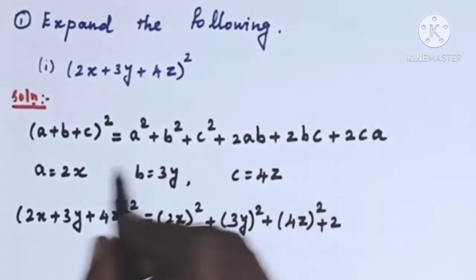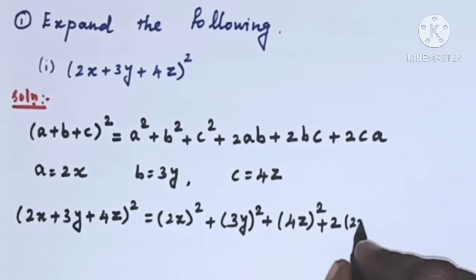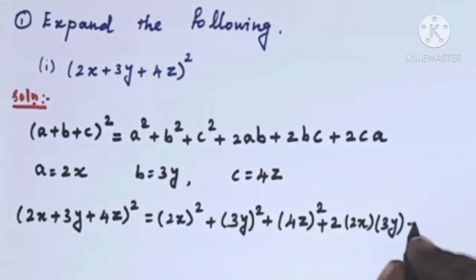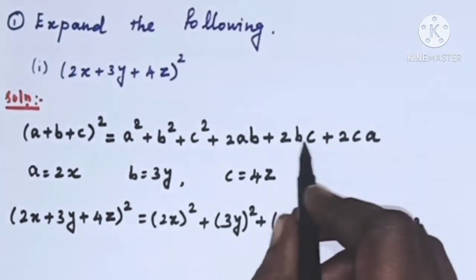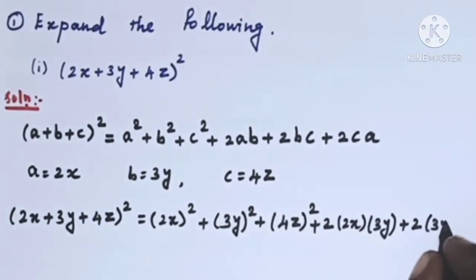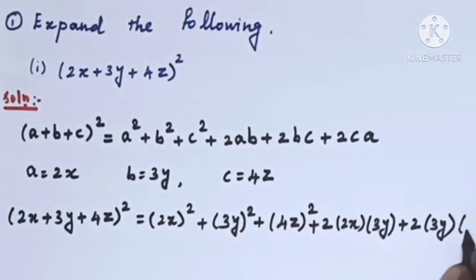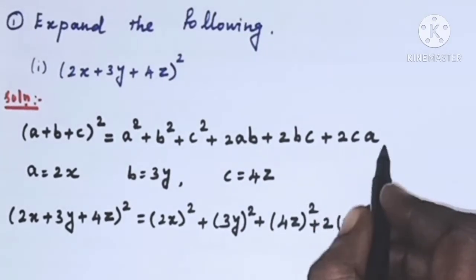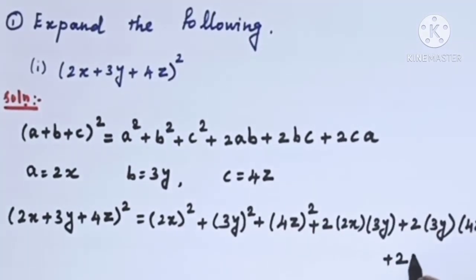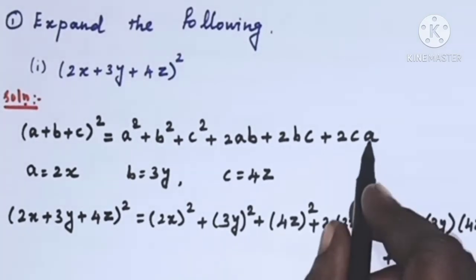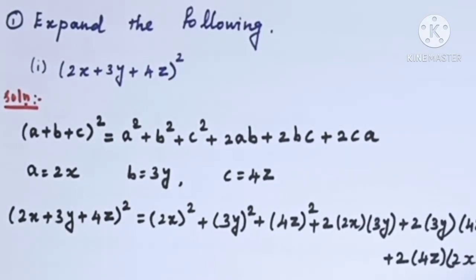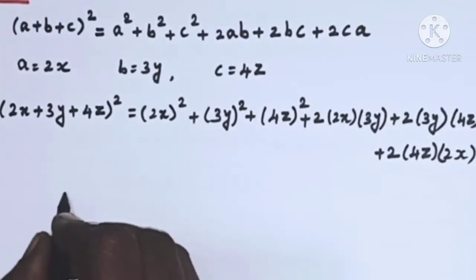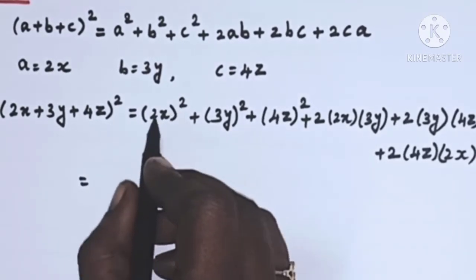In the place of a we have to write 2x, 2 into 2x, into b, the value of b is 3y, plus similarly 2bc, b value is 3y into c, c value is 4z, plus again 2 into ca, c is 4z and the value of a is 2x.